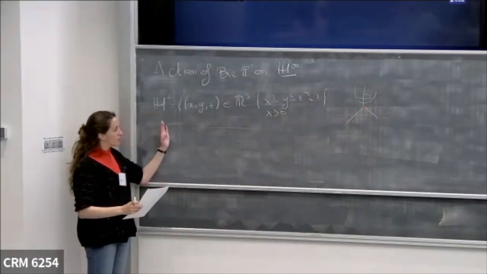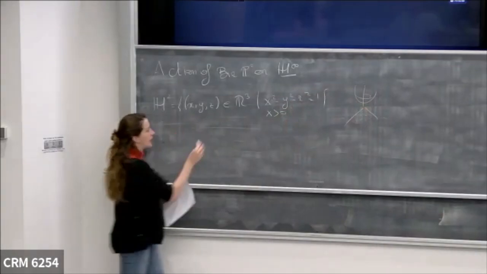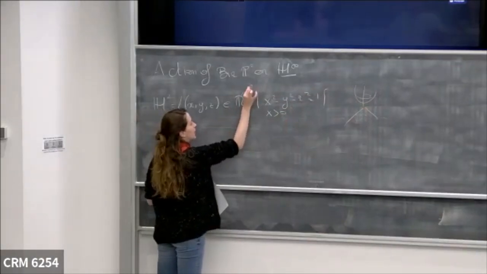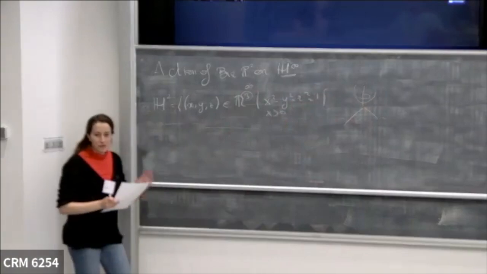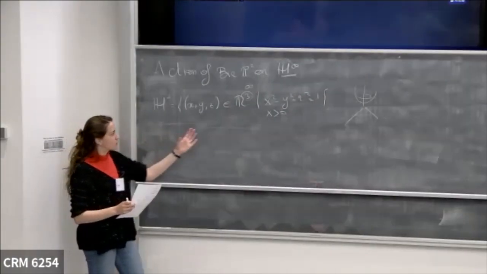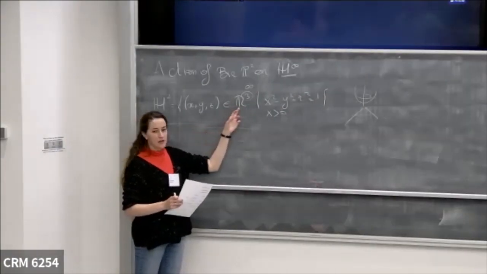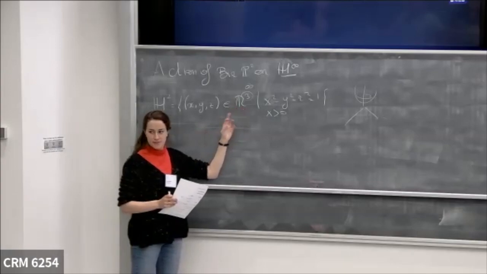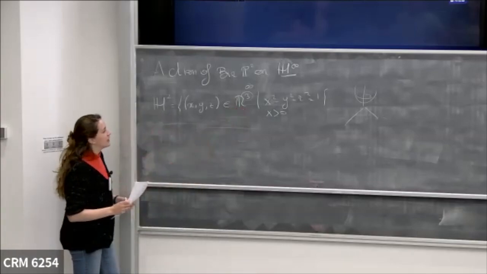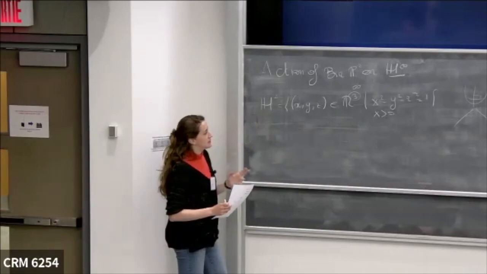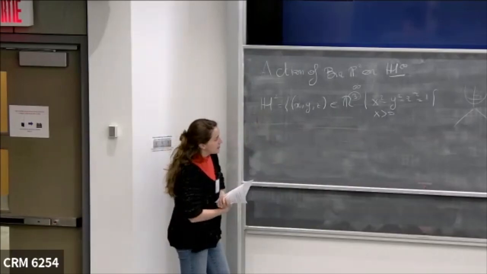I want to build exactly the same, but instead of being in R3, I want to be in R infinity. And if my field is not countable, in fact, this will not be with a countable basis. So my aim is to build such a space on which the Cremona group acts.